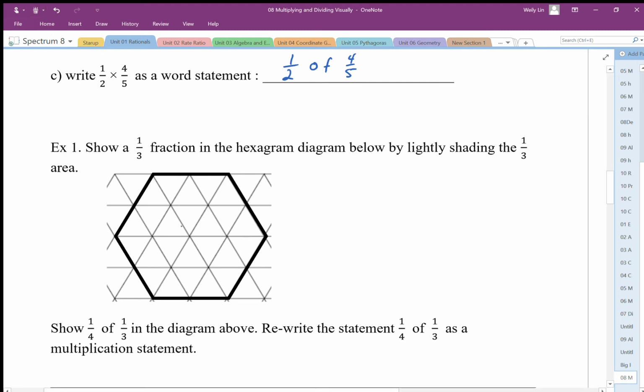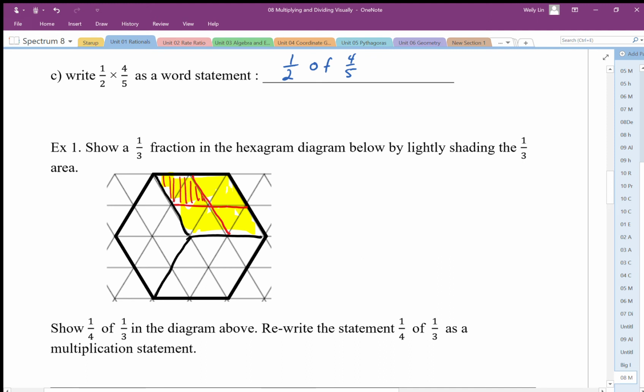I'm going to divide that hexagon into thirds in this way. Here's going to be my 1/3 fraction. Looks like I have 8 pieces that make up that 1/3 piece. And I want 1/4 of the 1/3 fraction. So I can divide that 1/3 piece into 4 equal pieces, and I only want 1/4 of that 1/3 piece.